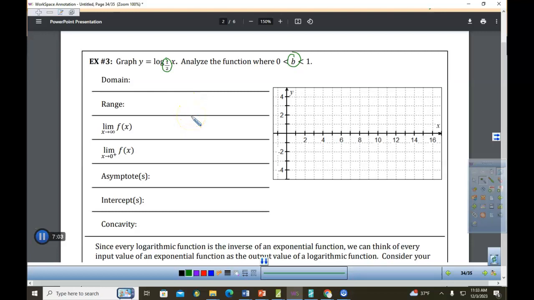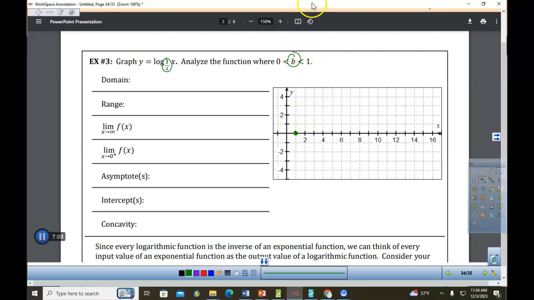So, let's graph it. Well, I know it's going to pass through the point (1, 0), because all exponentials pass through the point (0, 1), and it's an inverse, so I switch my x and my y.